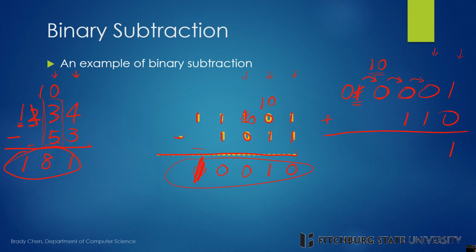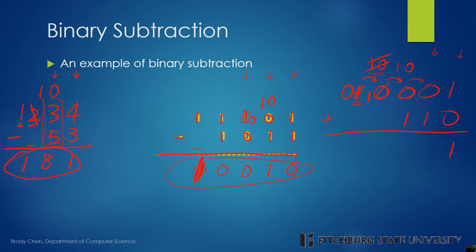In this 2, I only use 1. I only carry 1 to the previous position. So I'm going to split that 2 into 1 plus 1, leaving 1 here, and the other one is going to be borrowed by the previous position. It's a little messy.